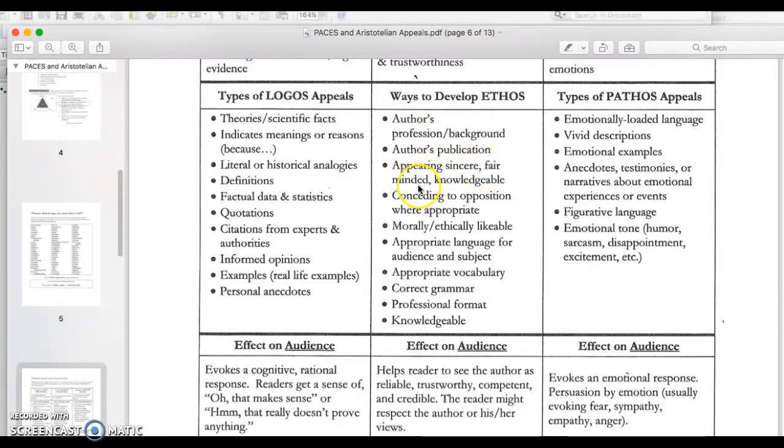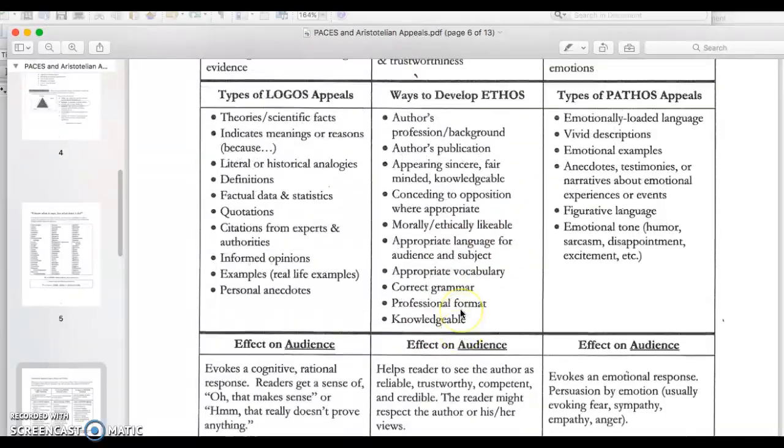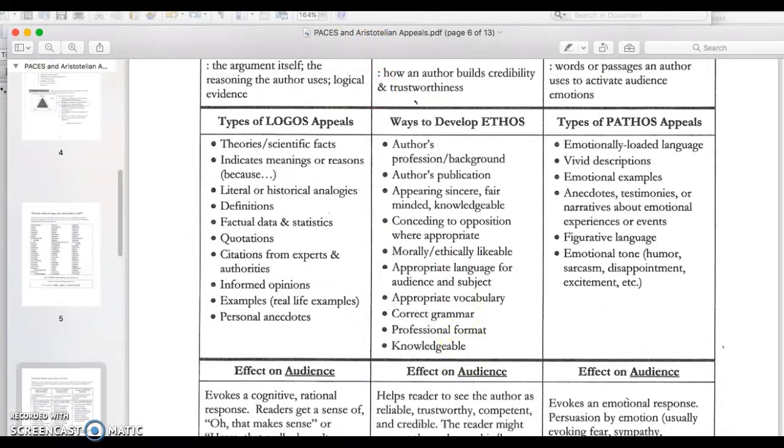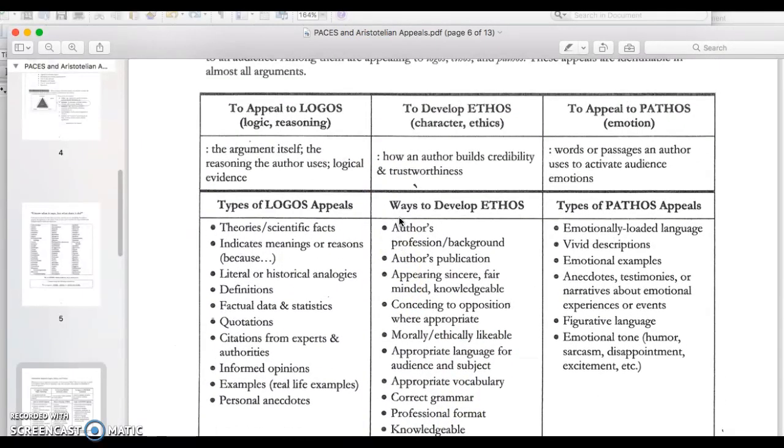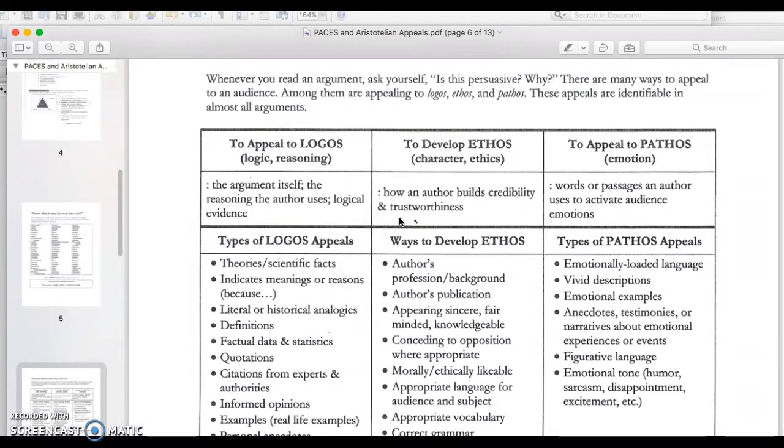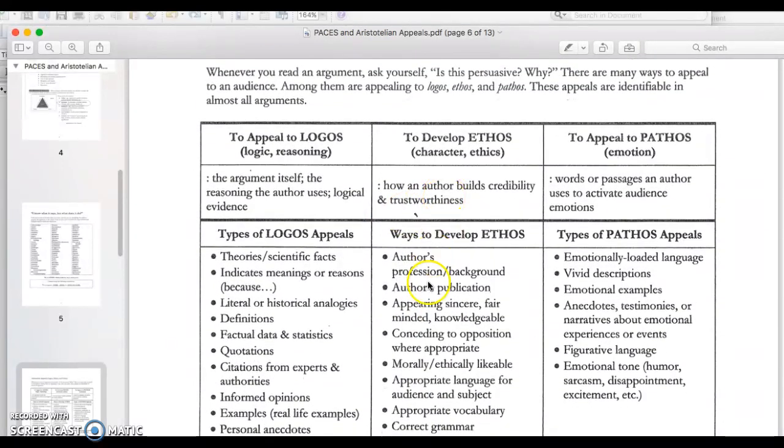Like, where is the author fair-minded? Where is he knowledgeable? Does he address oppositional views? Does he seem morally or ethically likable as he talks about better treatment of animals? Does he use appropriate language? Does he have appropriate vocabulary, etc., right? So I'm thinking about all this as I think about how effective the author's development of credibility is.